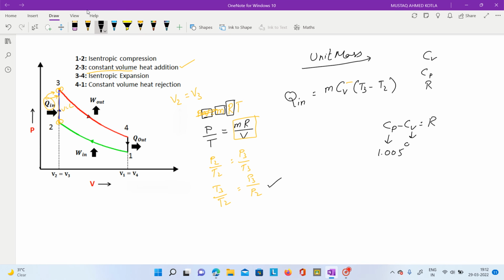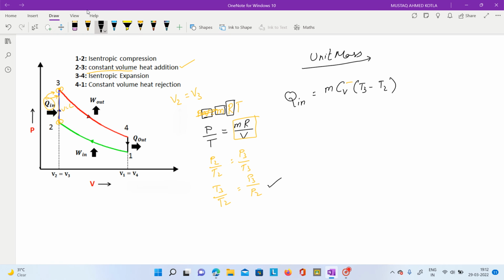Cv equals to 0.718, and capital R equals to 0.287 if you solve it. By this equation, you can find Cp, substitute it, and calculate the amount of heat sent to the engine. Till now, the 2 to 3 process is completed.